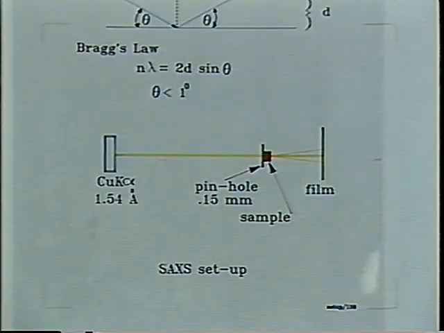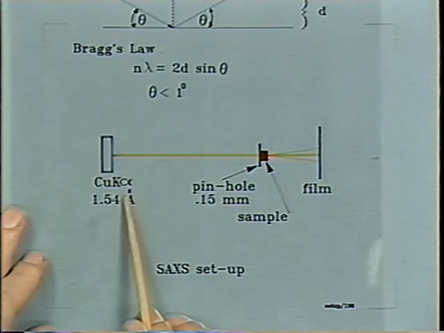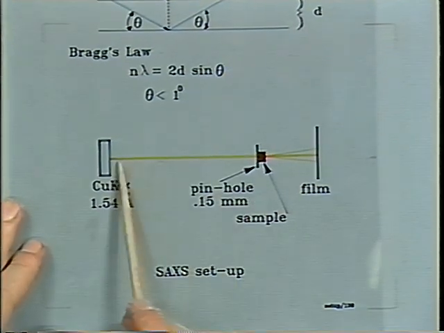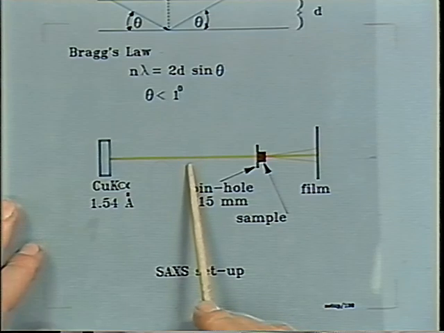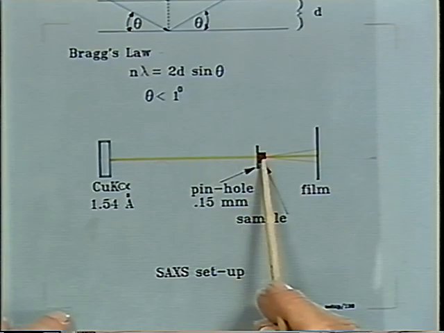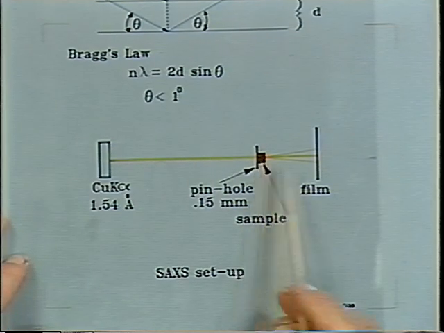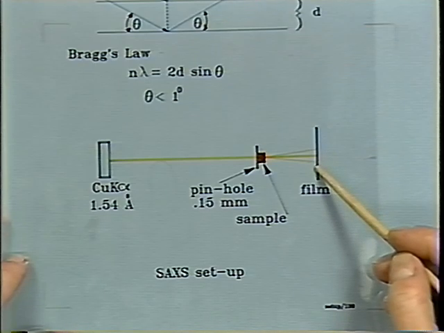The setup is something like this: a radiation source, a copper K alpha source, is giving us the radiation. There actually should be one pinhole here. It's about 2 millimeters in diameter. There's a second pinhole, and a small beam is impinging on our sample, and then it's scattered, and on the film we're observing the pattern.